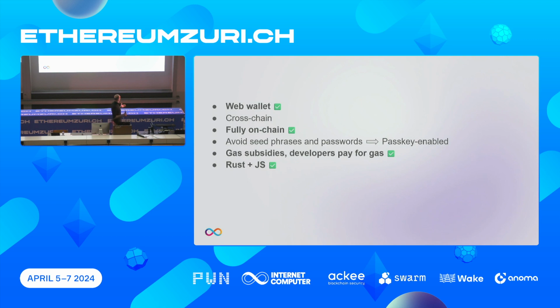Before we go into that, from the requirements that are stated, what have we achieved so far? Yes, we have a web wallet. We haven't really explained why it is cross-chain yet, but we know that it is fully on-chain, and it is fully on-chain because with threshold cryptography, we can assert that contents on the internet computer are legit.